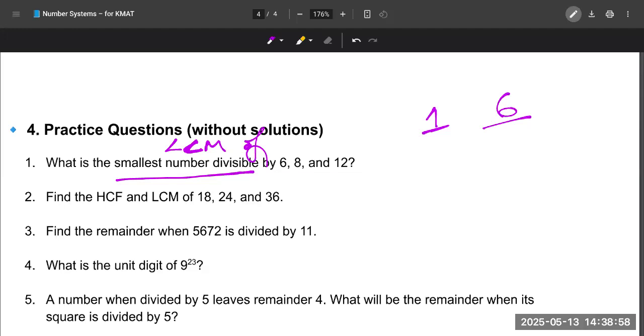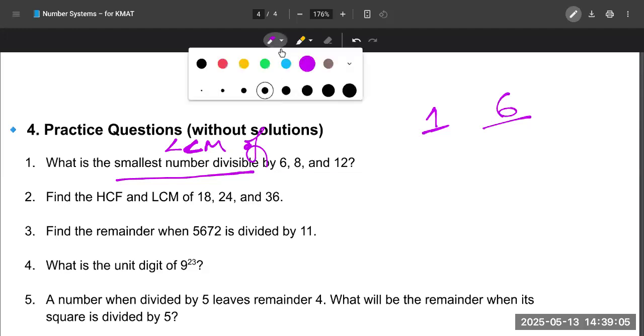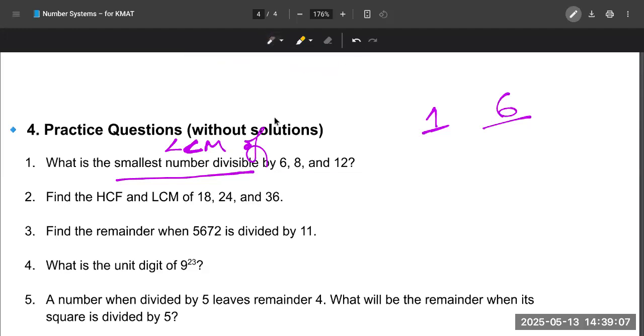288. How did you get that? LCM method: 6 into 8 into 12 by HCF.